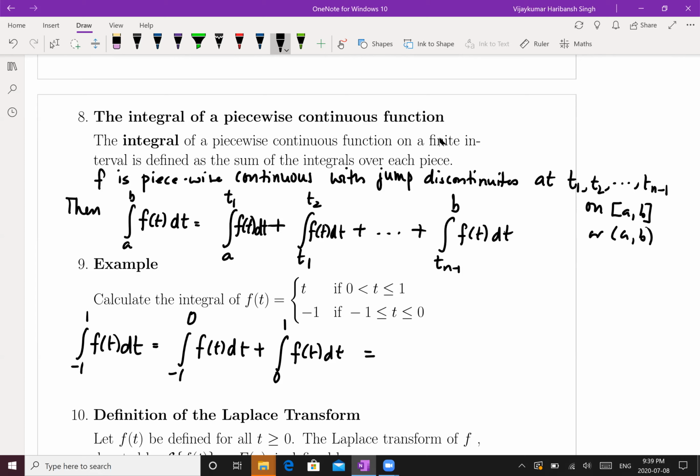Now, what is the definition of the function? From -1 to 0, the function is defined as -1, and from 0 to 1, the function is defined as t.